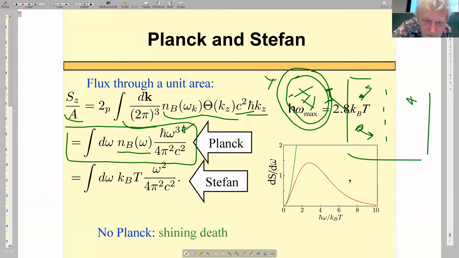So if I plot this, I get the red curve. That's more or less the spectrum of blackbody radiation: few photons at small energies, a peak at energy of the order of temperature, and nothing beyond that.